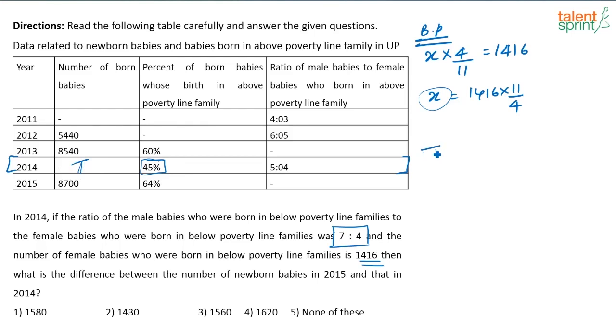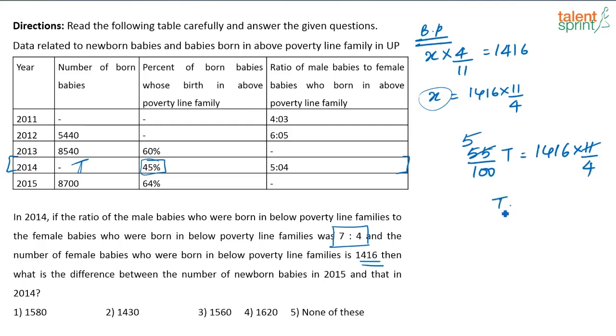So if the total number of children is T, 55 by 100 of this T is nothing but X, which is 1416 into 11 by 4. So what is the total number of children? Solve this.